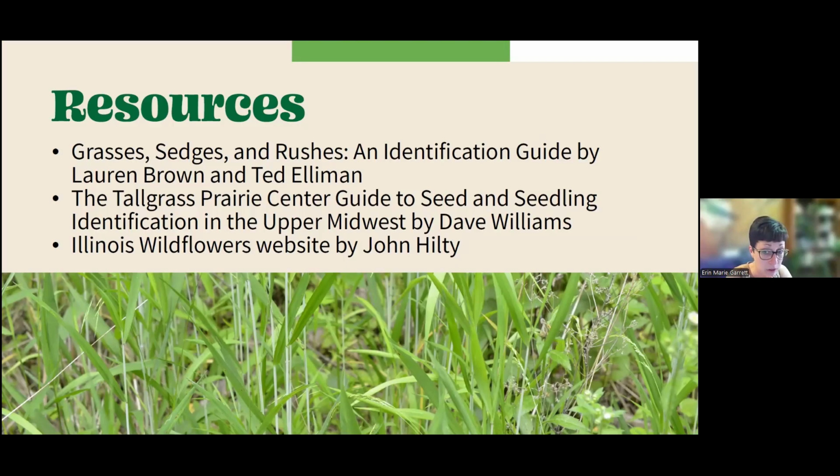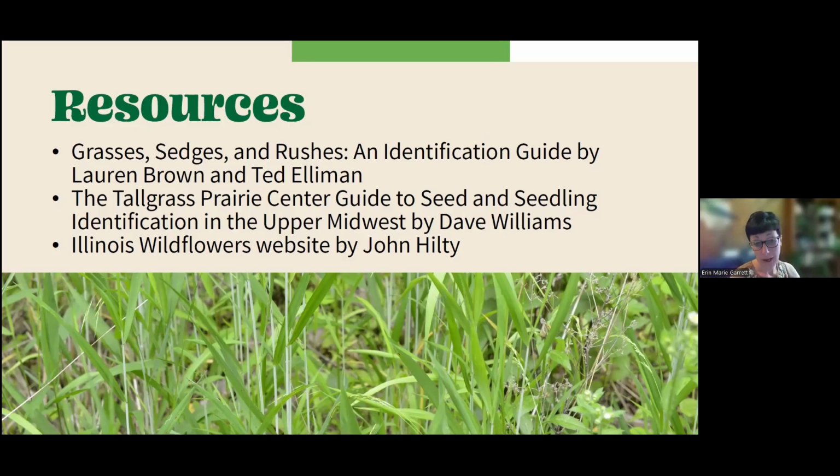I recommend that book. If you're looking for identification of seedlings, if you're doing more prairie restoration work, this one will be more relevant when we talk about tomorrow's grasses. The Tallgrass Prairie Center has a guide to seed and seedling ID in the upper Midwest. It's very specific, but it is an excellent guide and it does have some useful characteristics for grass seedlings as well as other prairie plants.